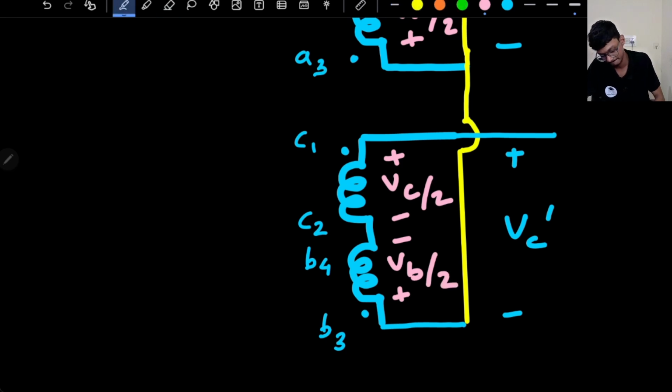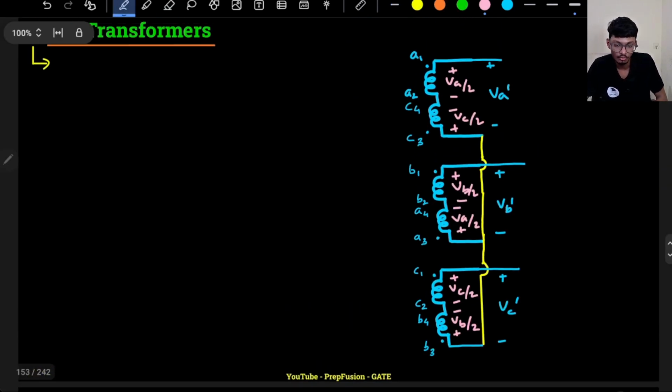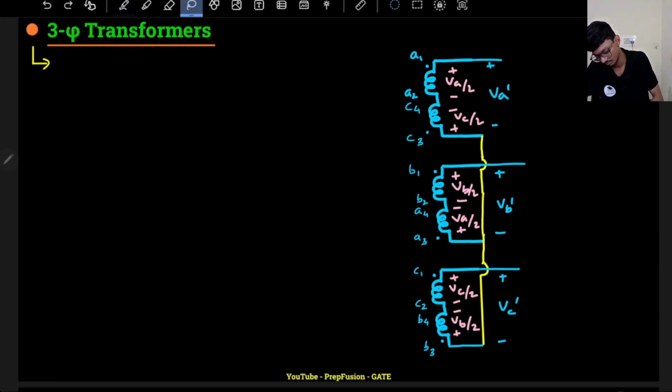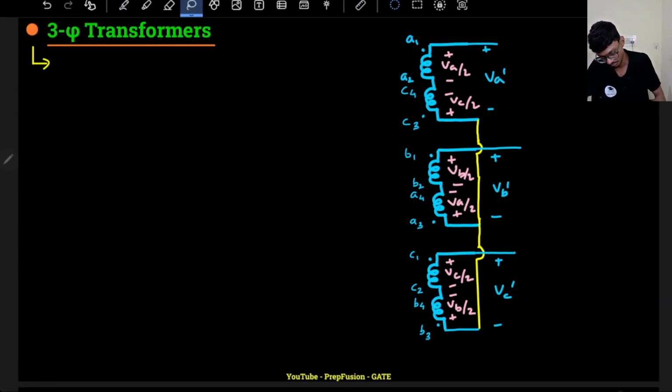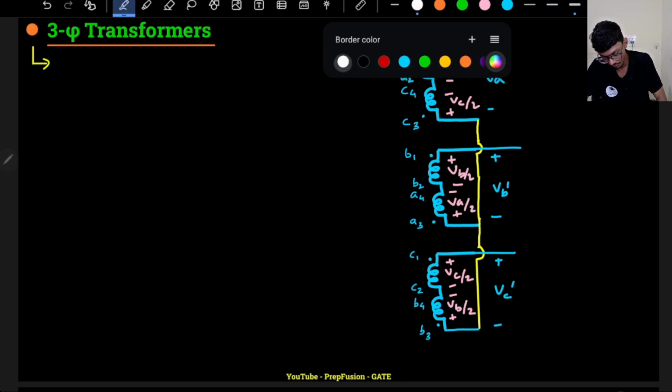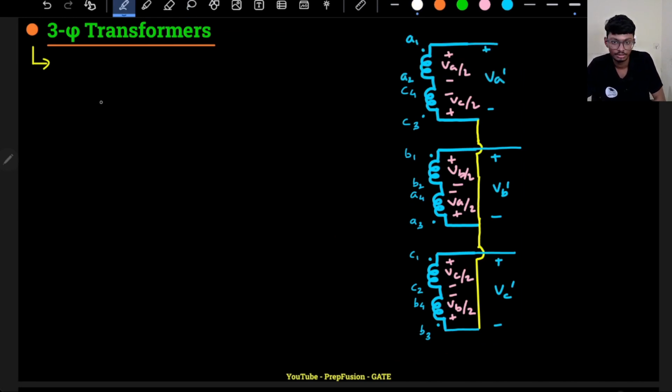Okay, now how will I solve this? So what I can write over here is my Va dash. Basically, Va dash is actually a subtraction of two values. It is Va by 2 minus Vc by 2.